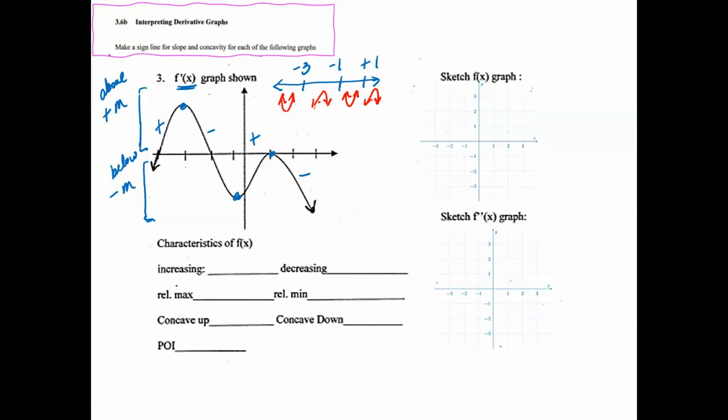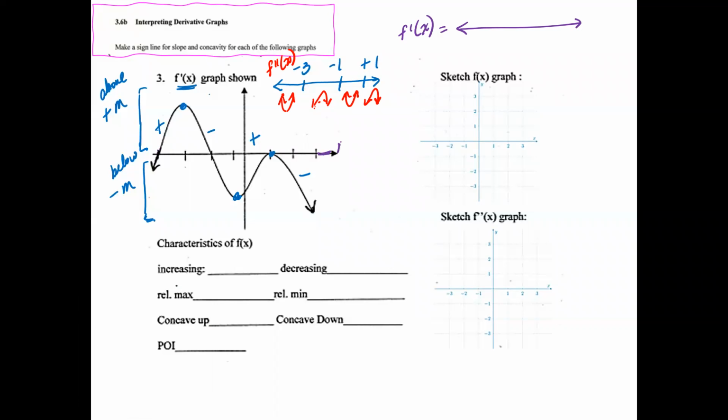So let's take a look at this part here. This is a second derivative, so we need to backtrack a little bit to the first derivative. For the first derivative sign line, you're going to look at when slope is equal to 0.